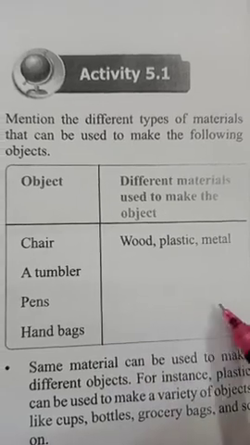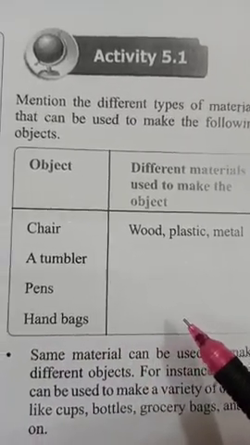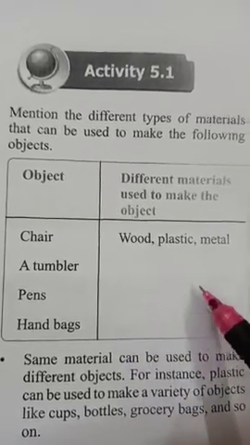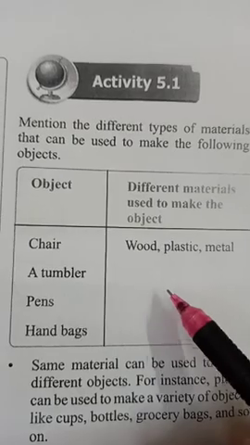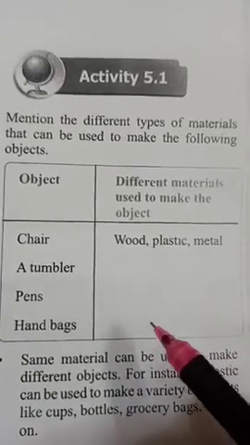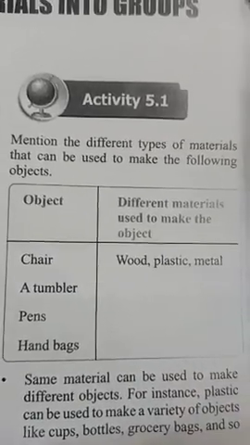So write down here. Handbags are also coming in the market of different materials. So here children, you have to find out yourself and write down according to your choice which material you can fill here. Okay, so this is the first activity.